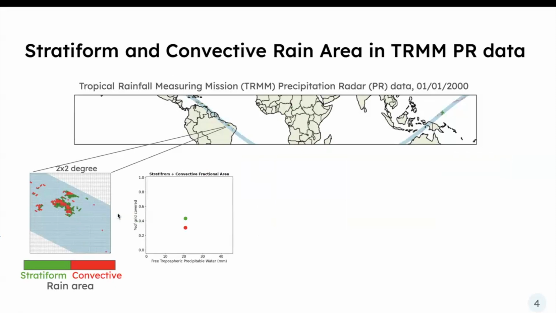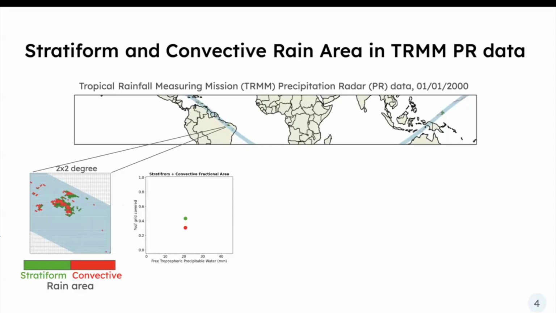And if I plot them in a plot that has free tropospheric precipitable water on the x-axis and the percentage of my grid that is covered by those two clouds, I get these 2 points, right? So 30% of my domain has convective rain, and about 40% has stratiform rain.